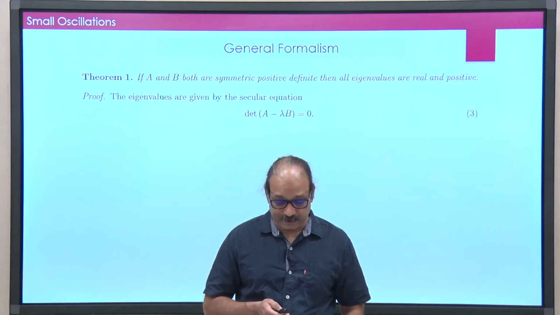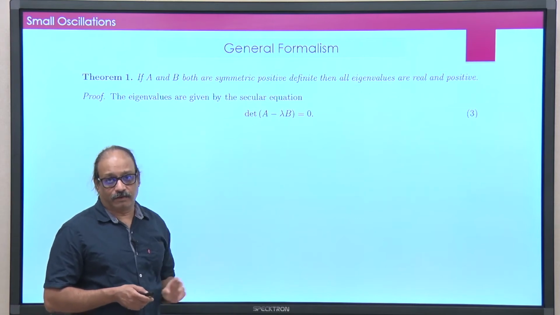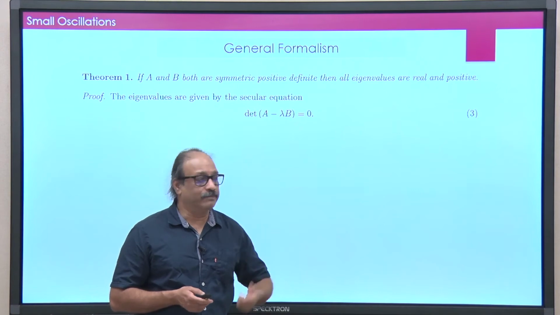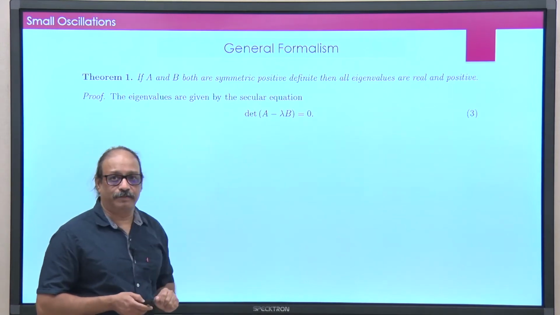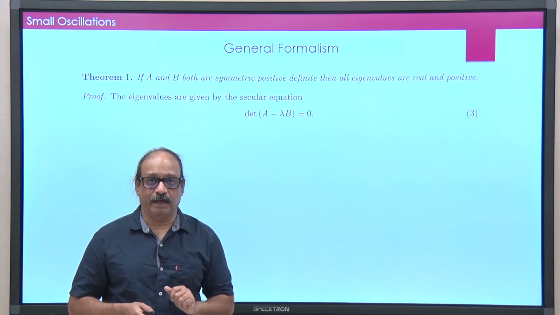Now, the proof goes like this. First of all, the eigenvalues are given by determinant of A minus lambda B equal to 0. This is the characteristic equation for finding eigenvalues, and this of course will give you a polynomial of degree n.